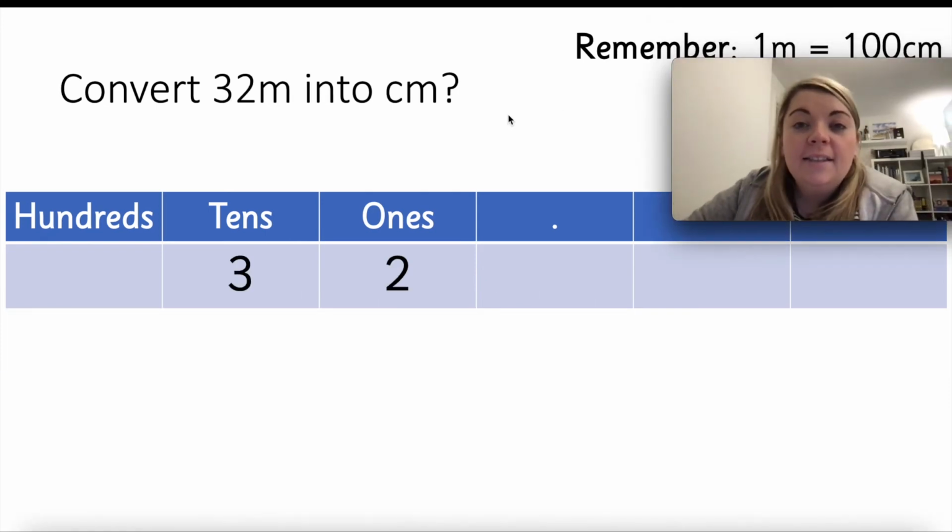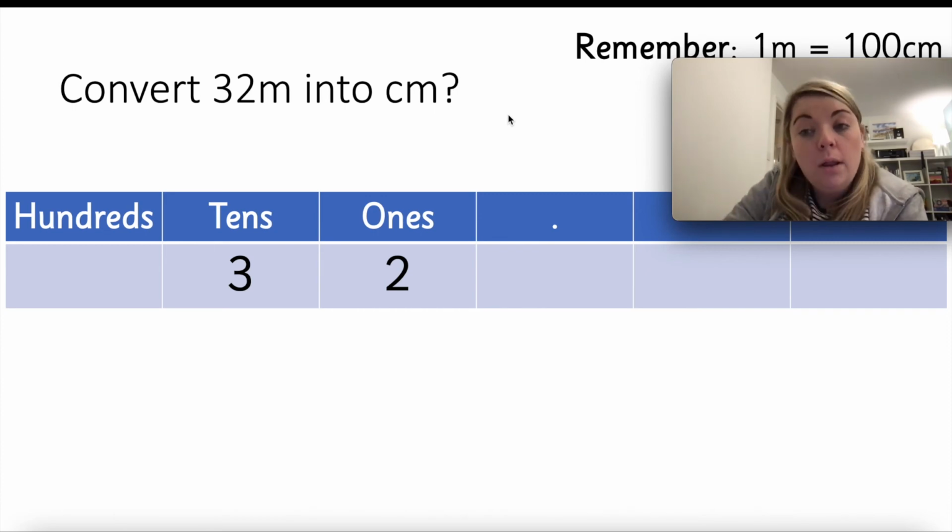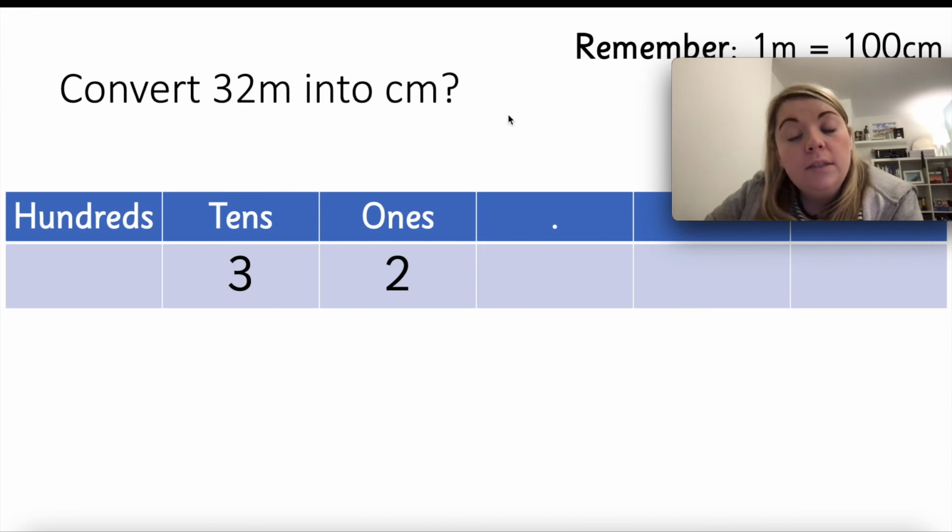Now to look at an example where we're going to convert from metres into centimetres. So in our last example, we converted from centimetres to metres. So because we were converting from centimetres to metres, we divided, so the number got smaller. However, because there's 100 centimetres in every 1 metre, when we convert from metres to centimetres, we have to multiply by 100.